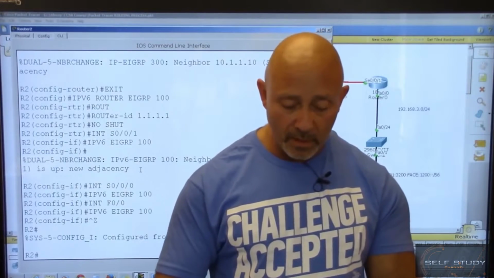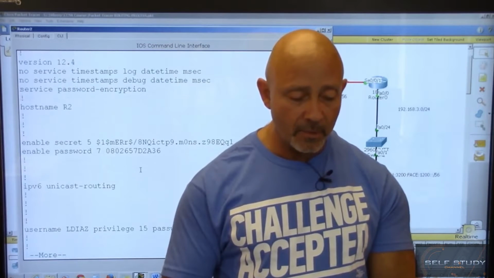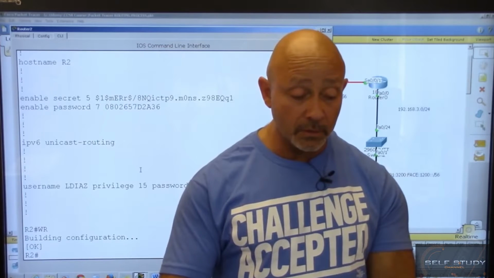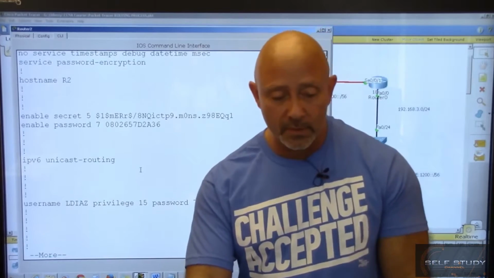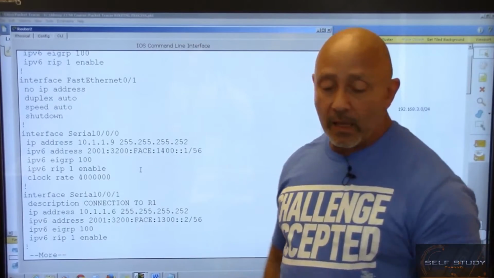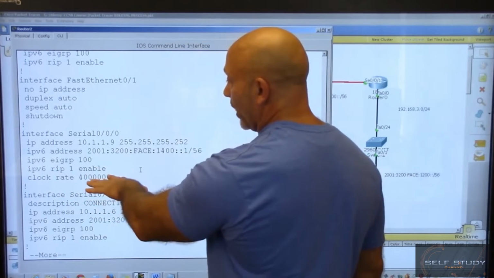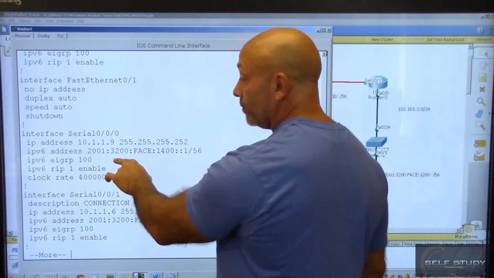All right, so let's take a look at the start, show start. And let me do a do WR, I'm sorry. Do a do WR or WR, so we can look at the start and not do a show run. But we know the difference, right? We should know the difference. All right, let's take a look at the routing protocol. You see the interfaces. You have IPv6 RIP 1 enabled, but you also have IPv6 EIGRP 100.